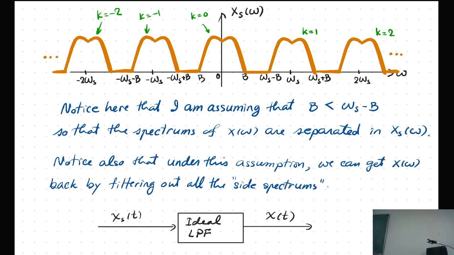But all of this is possible only when this assumption is true, only when the spectrums here are not overlapped. If the spectrums here are overlapping, then I would not be able to obtain this one back. The spectrums here would have to be separated so that I would be able to get this one back. So this assumption is crucial.